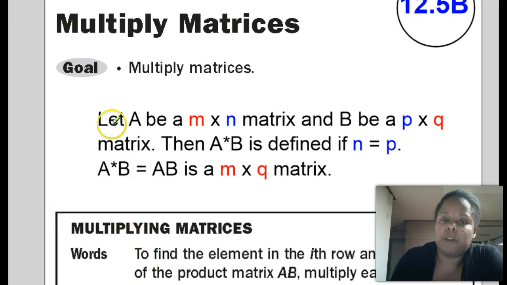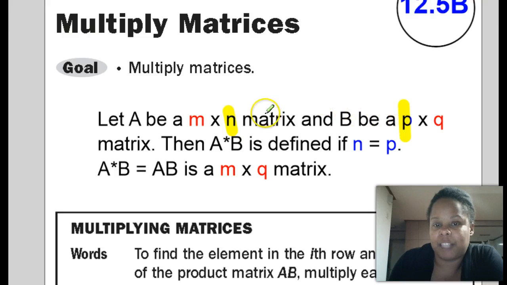If I want to multiply the matrix A and B together, then the number of columns that the first matrix has must match the number of rows that the second matrix has. In other words, these 2 numbers must match. M and Q don't have to match, but N and P have to match. The number of columns in the first matrix has to match the number of rows in the second matrix.